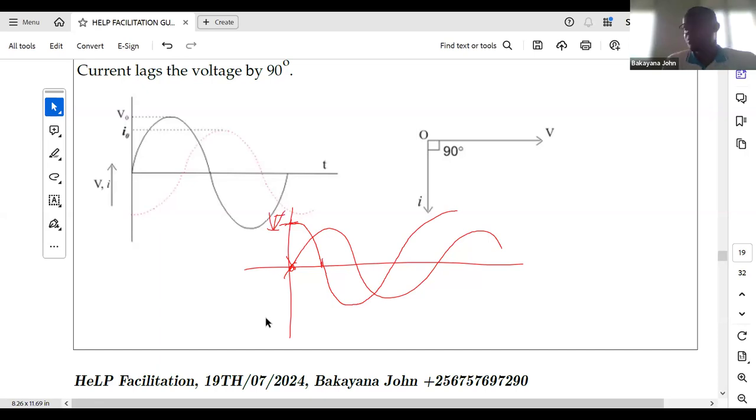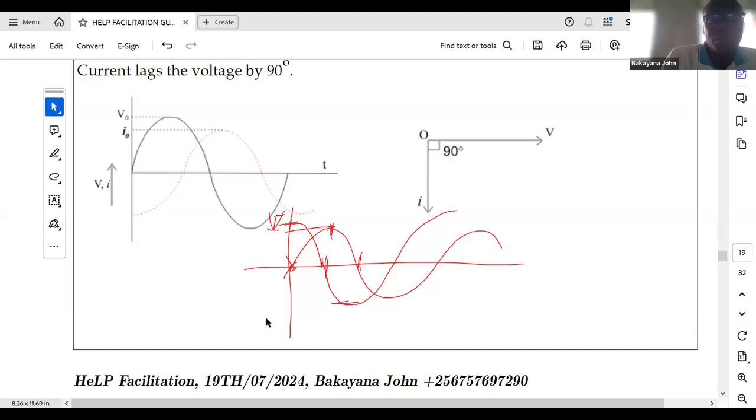And what happens when the current attains maximum value? When current attains maximum value, voltage will now be 0.